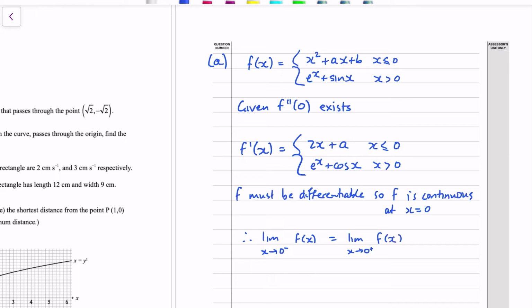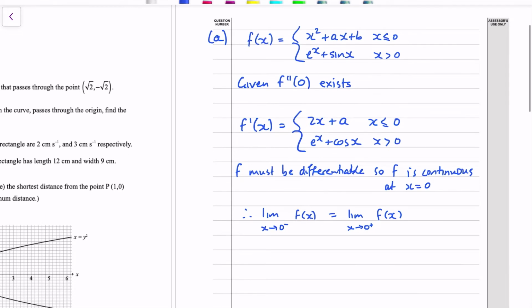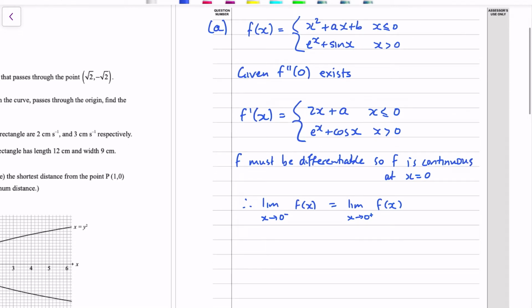Just this notation here, 0 with a little minus over it is saying approaching 0 from the left hand side, from the negative side, and x approaches 0 with a little plus is saying coming from the positive numbers. Okay, coming from the right hand side. So looking back at the function, if we put x equals 0 into the function, they should be equal at x equals 0.